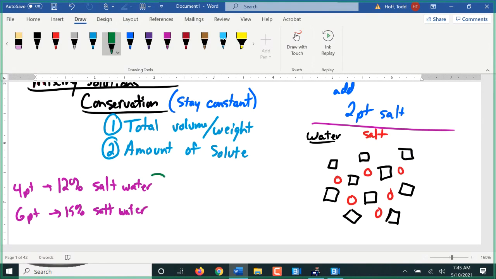When I combine those, I will get 10 pints. The percentage will be a little different, and we'll actually look at how you find that percent in a minute. But if I add 4 pints of solution to 6 pints of solution, as long as they're close to the same, they do add up. The total volume does add up. The weight will always add up no matter what. Even if the volume doesn't fully expand, the amount of the weight does go together.